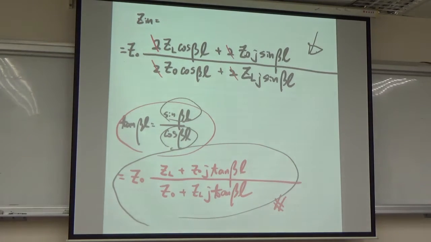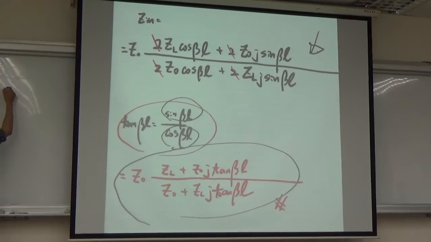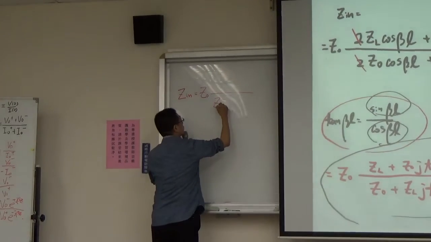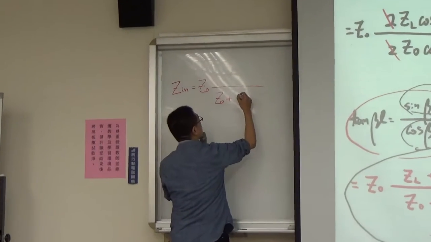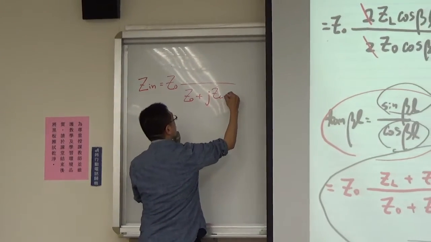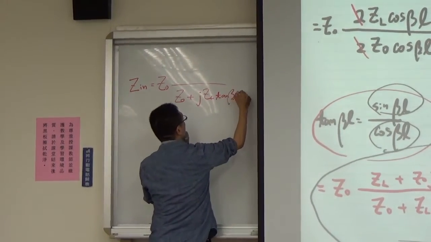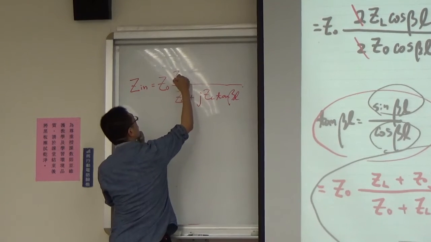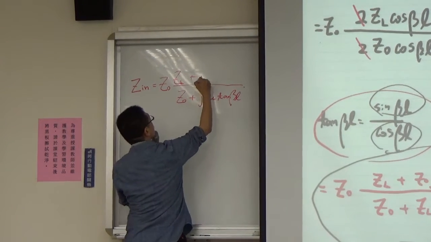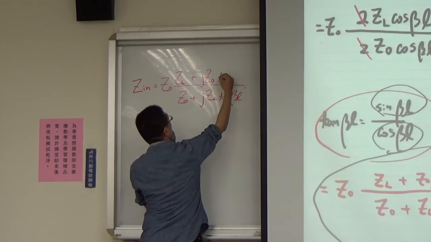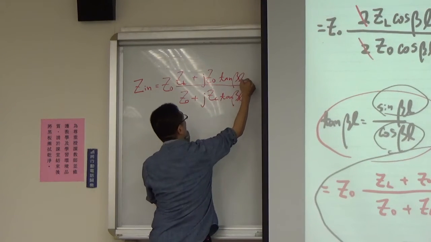So far, we already know if there is a transmission line connected to a load, your input impedance will equal Z0 times (ZL plus jZ0 tangent beta L) over (Z0 plus jZL tangent beta L).